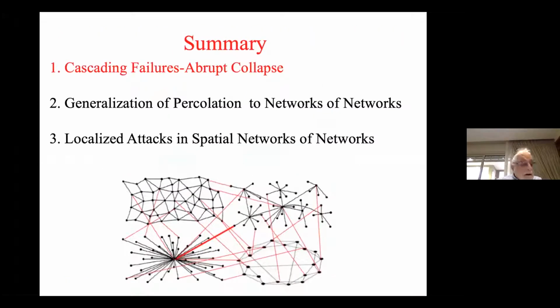So I will give you the summary of my talk, and then I will be more specific on every step. First, I will show you that cascading failures can lead to abrupt collapse. It means if I have cascading failures in one system, it may lead to another system failure, because if this node fails, it leads to this node failing, and it can lead to another node failure in this system.